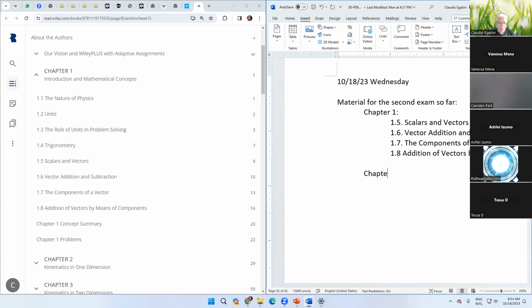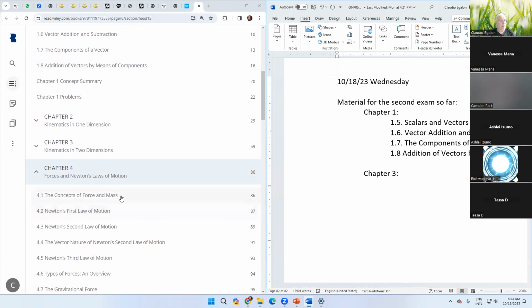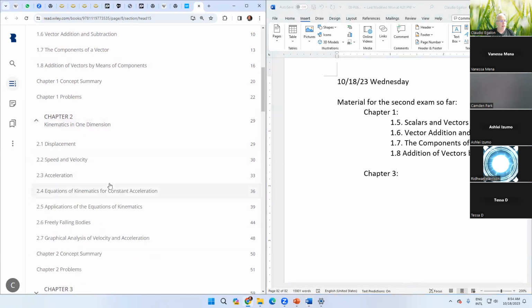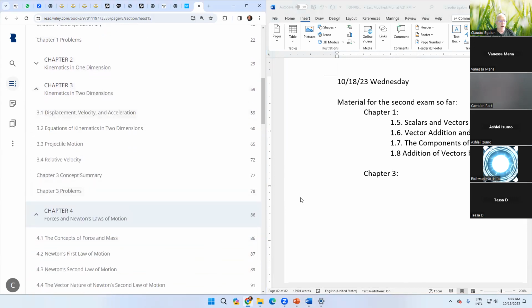Chapter 2. No, not chapter 2, sorry, chapter 3. Chapter 2 was part of the first exam, right? Chapter 3, kinematics in 2 dimensions. 3.1, displacement, velocity and acceleration.